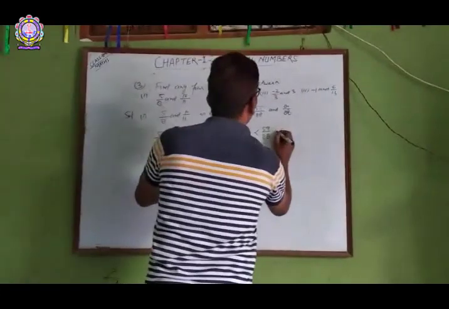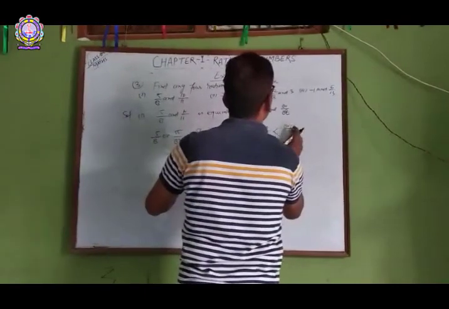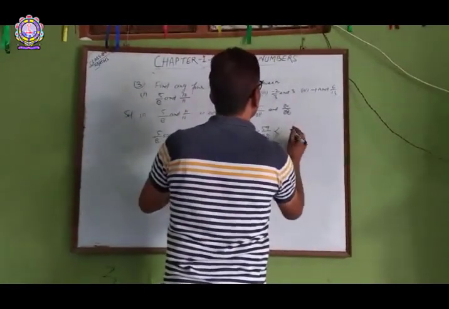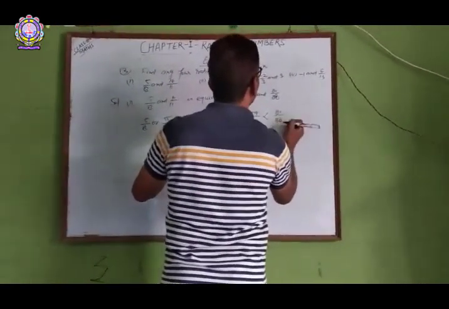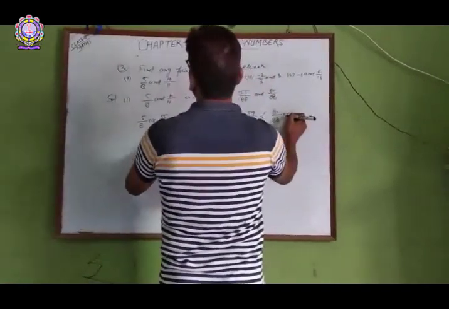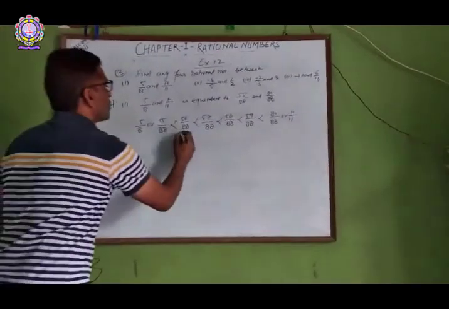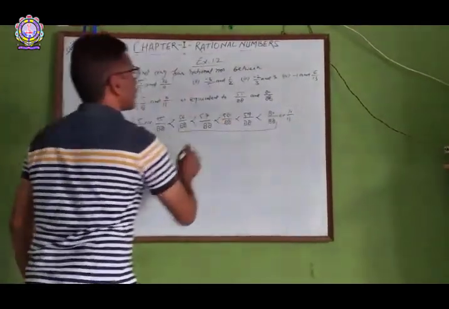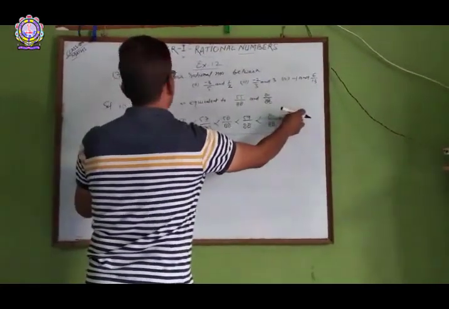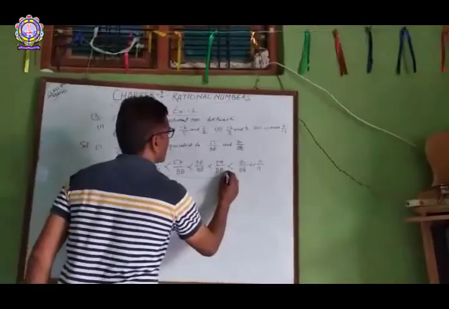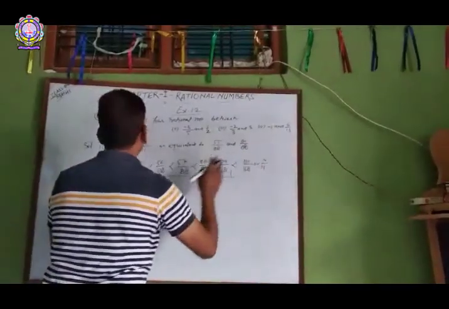This is less than 80/88 or 10/11. This is the solution. These five rational numbers are inserted between these two rational numbers 5/8 and 10/11.